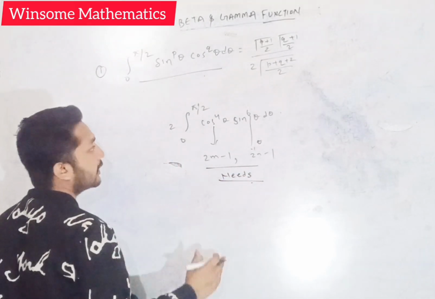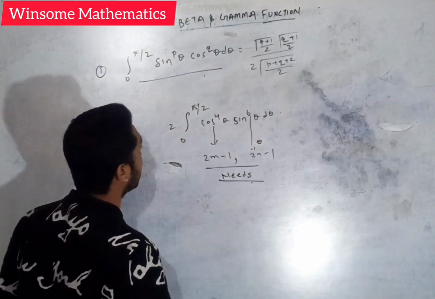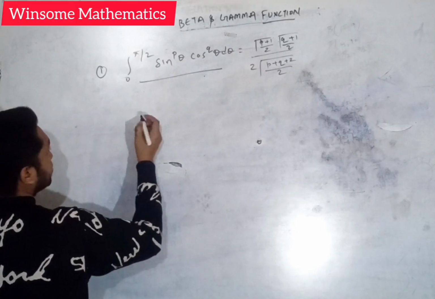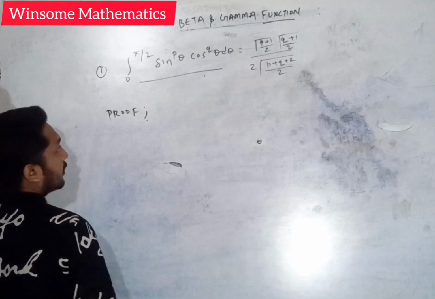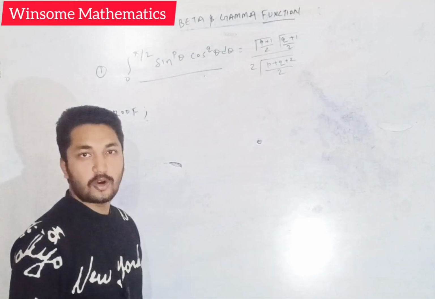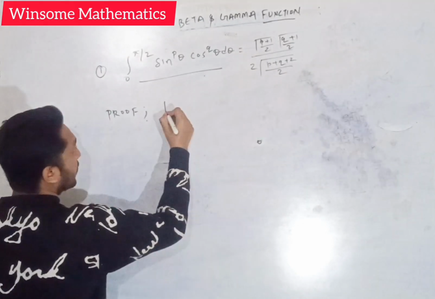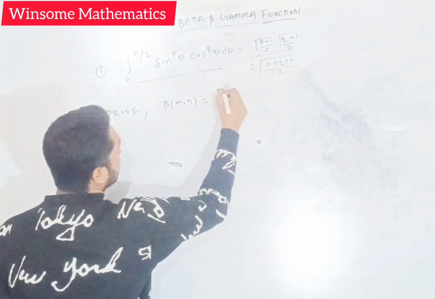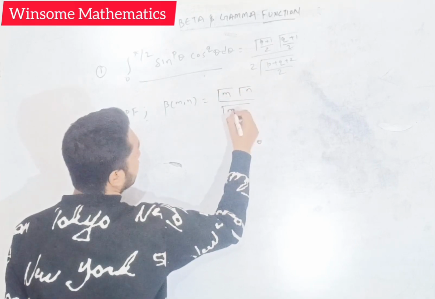Now we will see the proof of this property. So how to prove it? This is the simplest proof. We know that beta m n is equal to gamma m gamma n upon gamma m plus n.